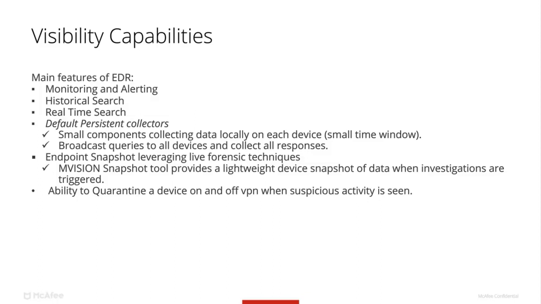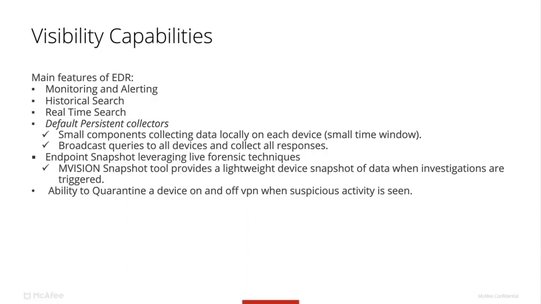We also have the ability to leverage snapshots, and what I mean by that is we provide an option for investigations, which will help your analysts quickly investigate a whole threat to see what is common around all the different security incidents.